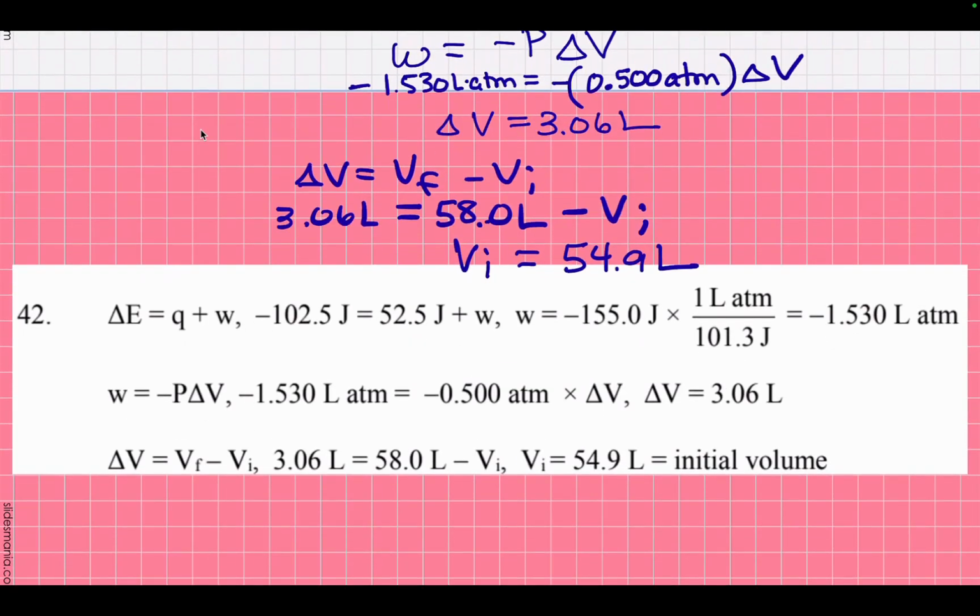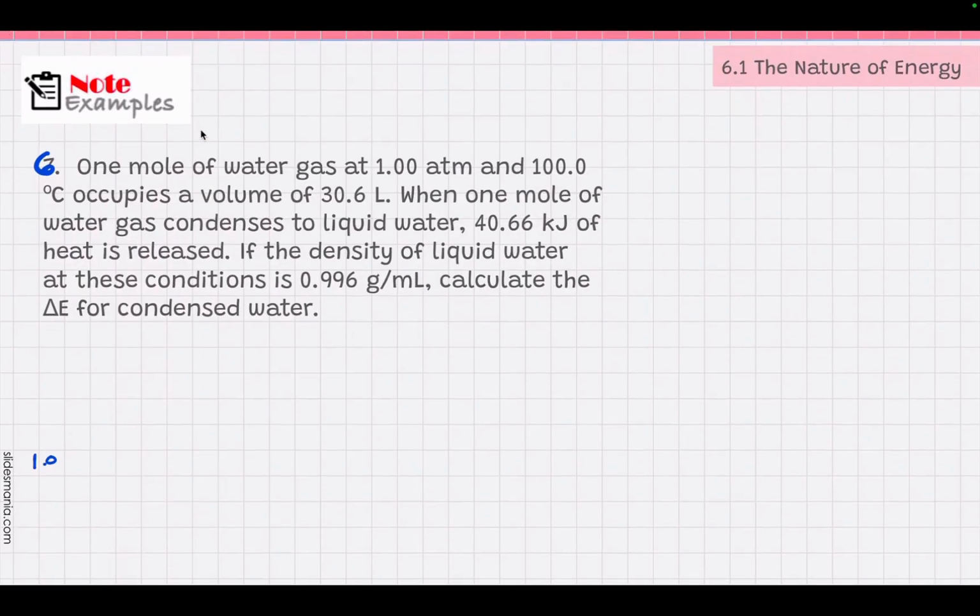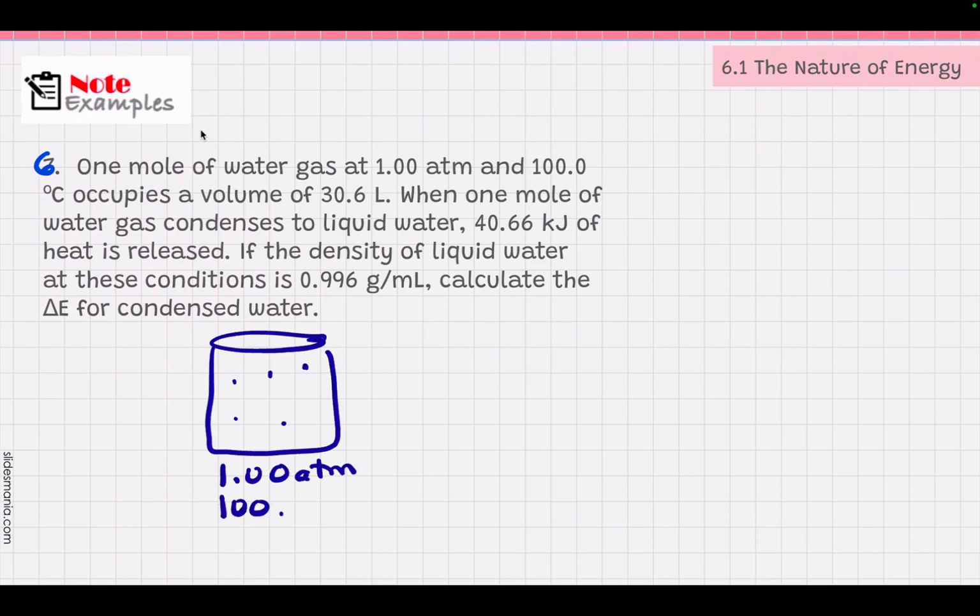So let's do another problem. So this one is, again, I like to draw pictures. So we have a mole of gas, water. So it's a gas. It's at 1 atm, 100 degrees Celsius.